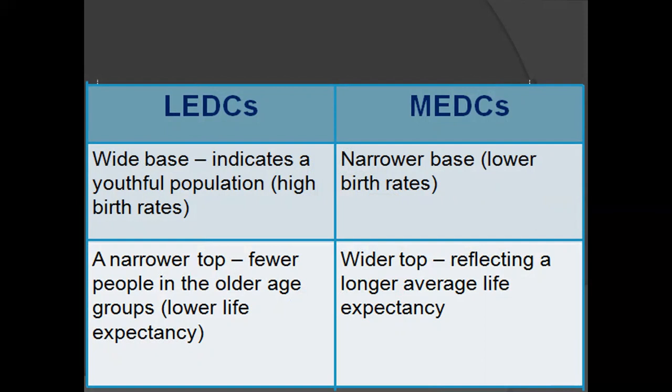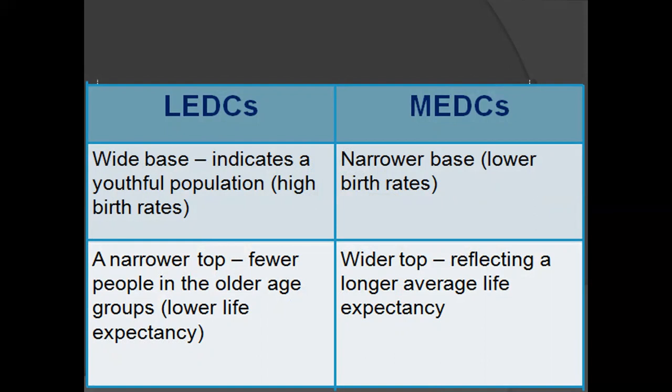And if you're talking about the most developed countries, you can directly get in your mind that they have a lower birth rate. Why? Because they are most developed countries.